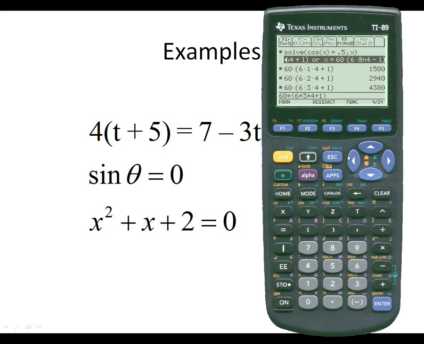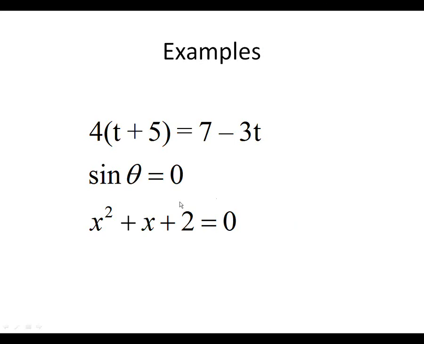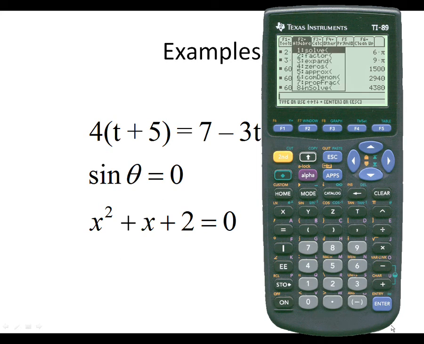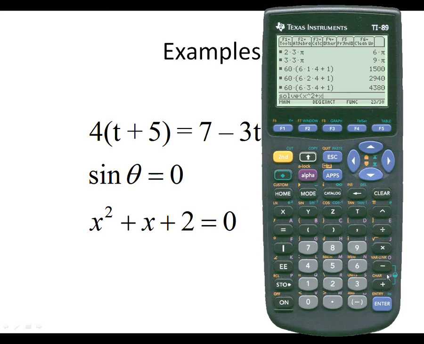Okay, so moving on, take a look at this one. Something weird is going to happen here. Let me clear this all out. So solve x squared plus x plus 2 equals 0, comma x, just like all the other ones before it.